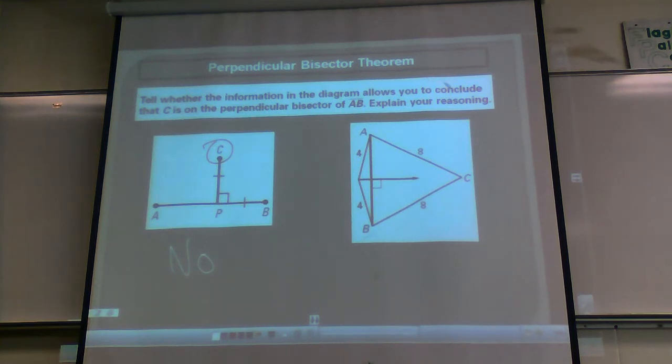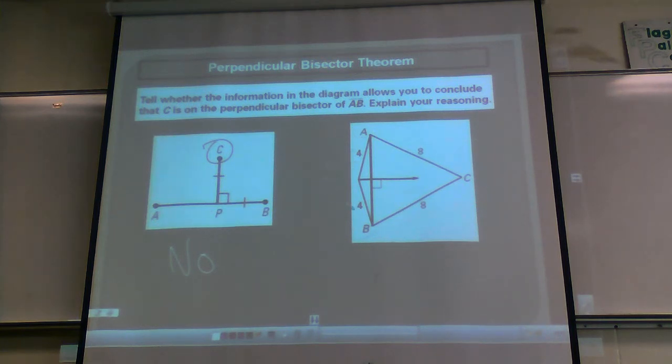Does it look longer? Yeah, it looks longer, but that just could be because they can't draw it. The actual answer would be, I can't tell, there's not enough information.